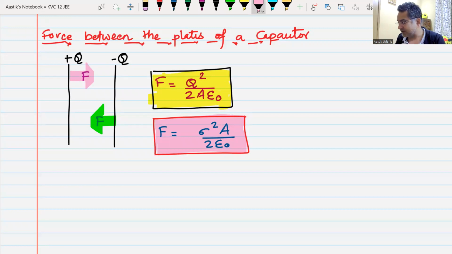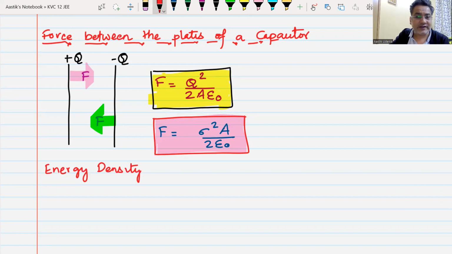Well, one more thing, it is normally done here, but I have already given you that formula. Again, I will give you here energy density, the energy density of an electric field, or energy density between the capacitor plates. No matter wherever there is electric field, there is energy stored in that electric field, dU by dV.